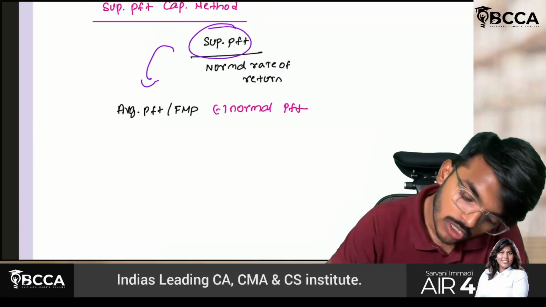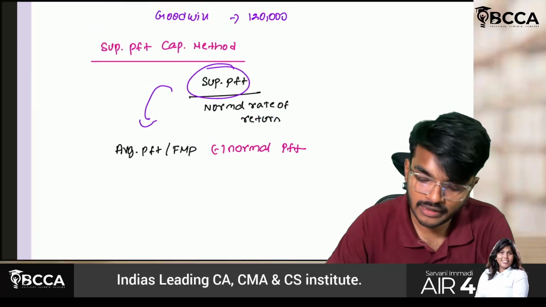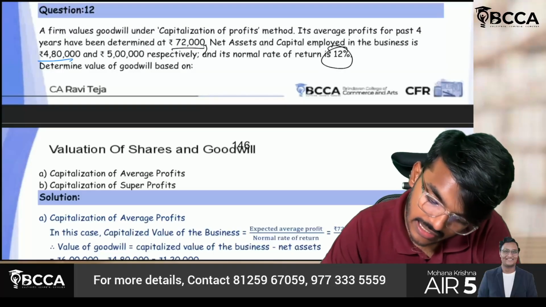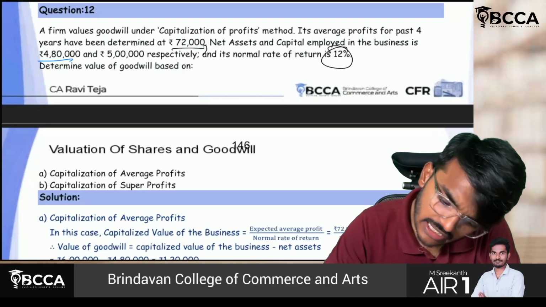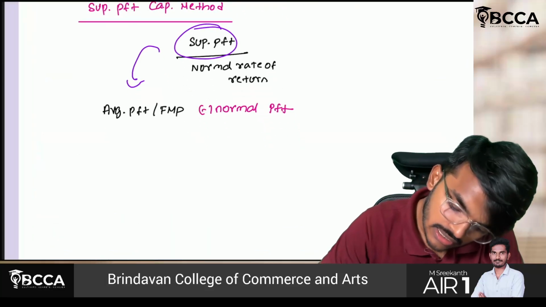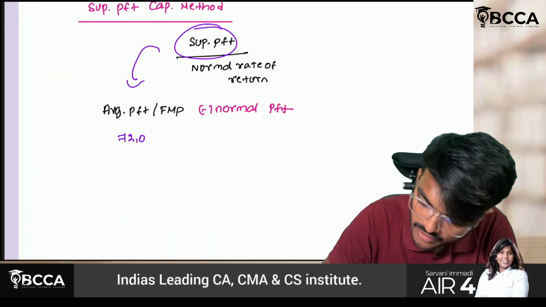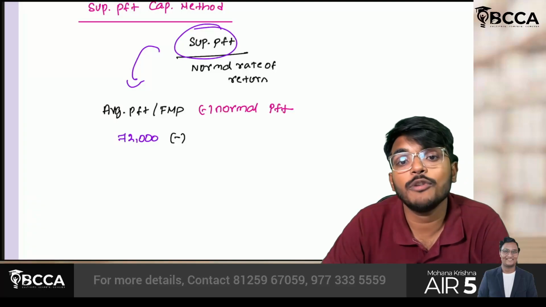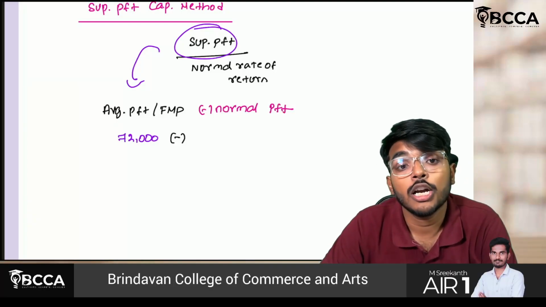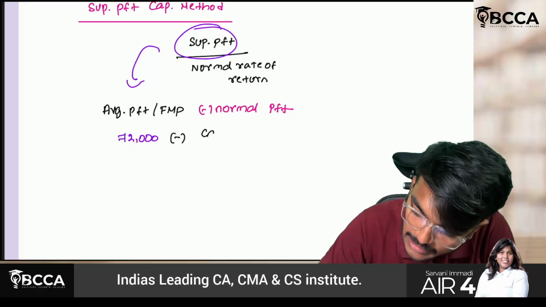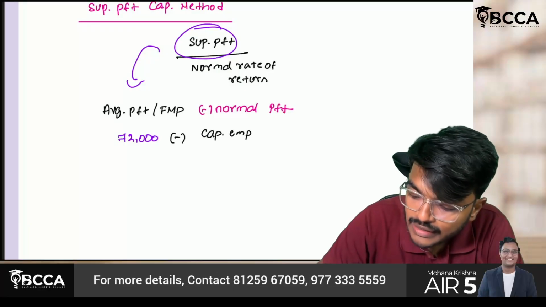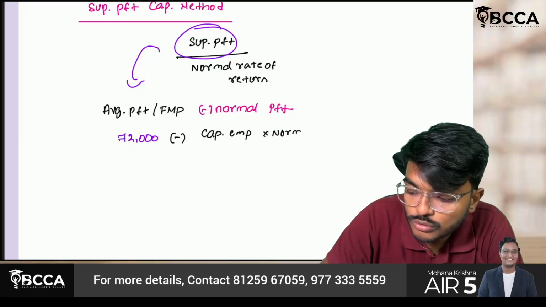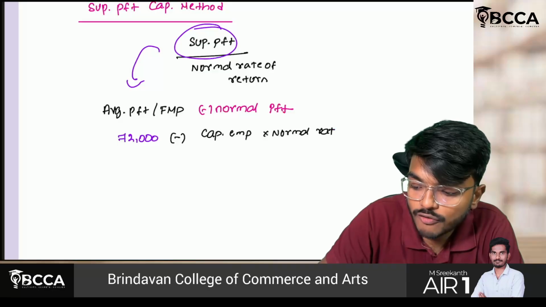Here. Average profit, how much have they given? If you check, they have given 72,000. So 72,000 is your average profit. From that I have to deduct normal profit. How will you get normal profit? Normal profit you will get by multiplying capital employed into normal rate of return.